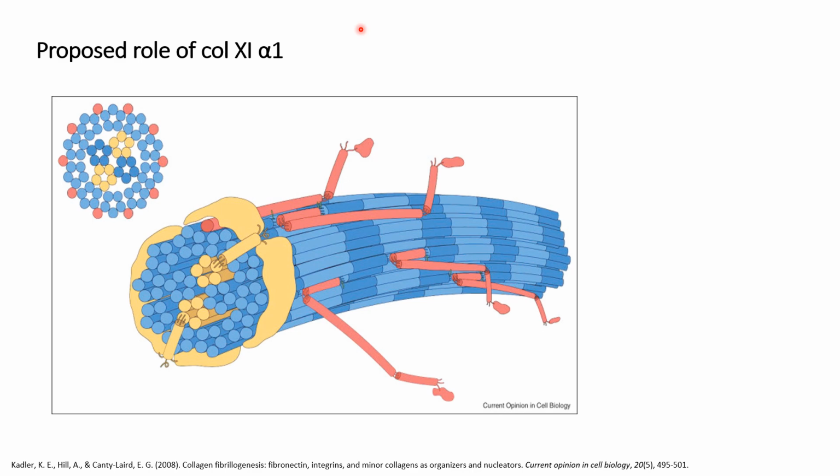Collagen type 11 microfibrils comprise half of the 4 microfibril in the core of the structure, surrounded by 10 microfibrils at the surface. Here, the blue represents type 2 collagen, yellow represents type 11 collagen molecules, and the red represents collagen type 9 molecules.